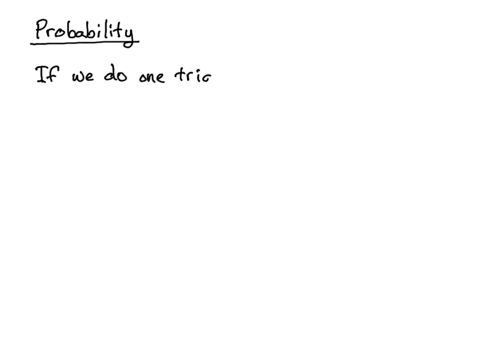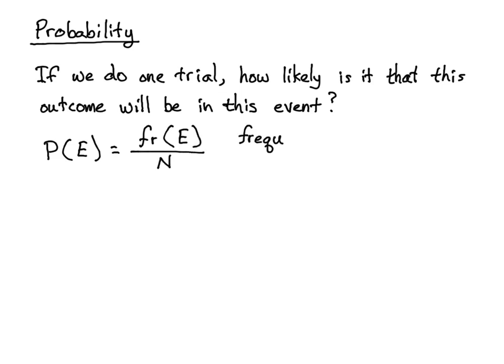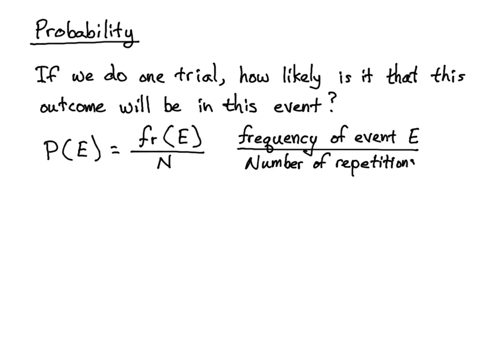Okay, so with probability, when we do one trial, how likely is it that this outcome will be in a particular event? So there's a couple ways to look at this. If we conduct an experiment, let's say that we do this a number of times to see if we can come up with a probability, we would count up the number of repetitions we would have, and then we would look at the frequency of the event that we're looking for.